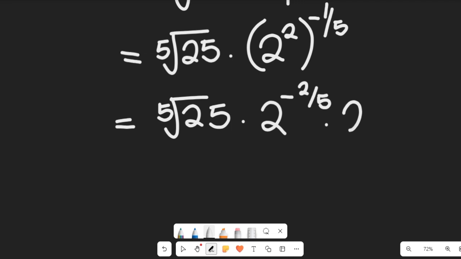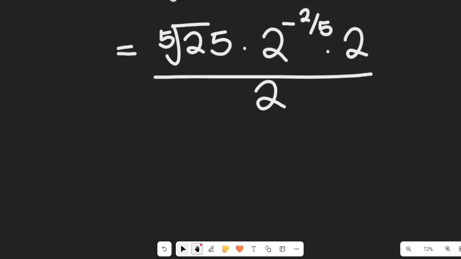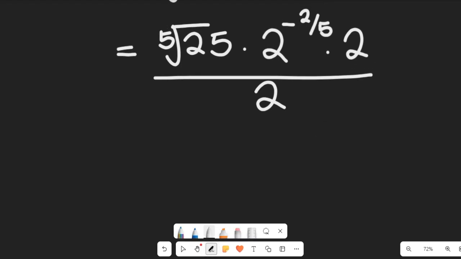I'll multiply this by 2 and divide it by 2. I didn't change anything. So from this expression, I now have a common base of 2. That makes my expression a bit simpler. Remember, this will be 2 to the power of 1.